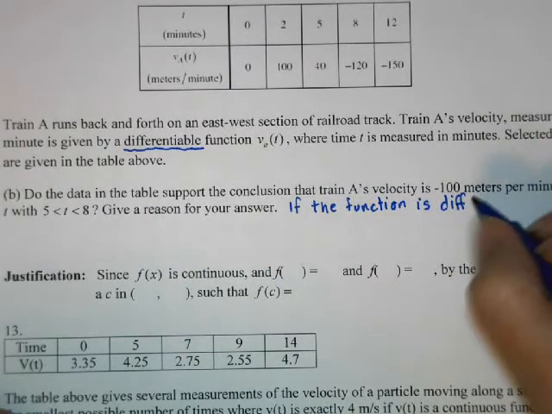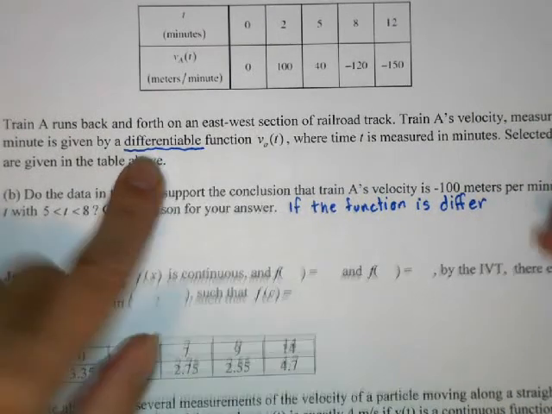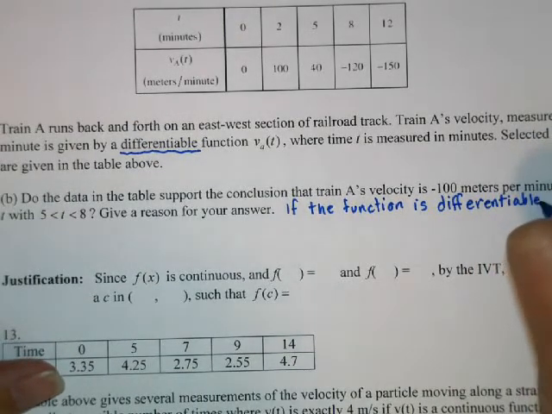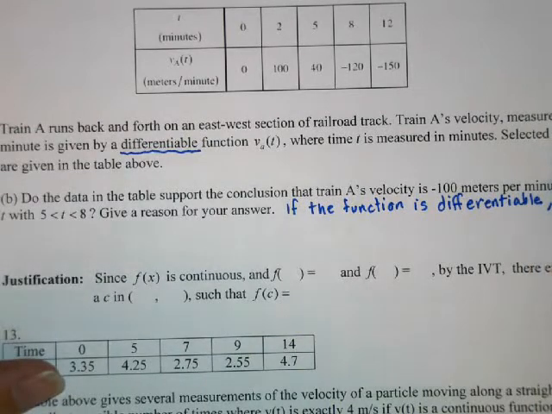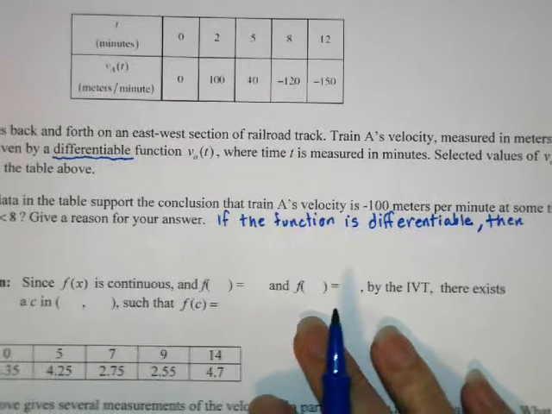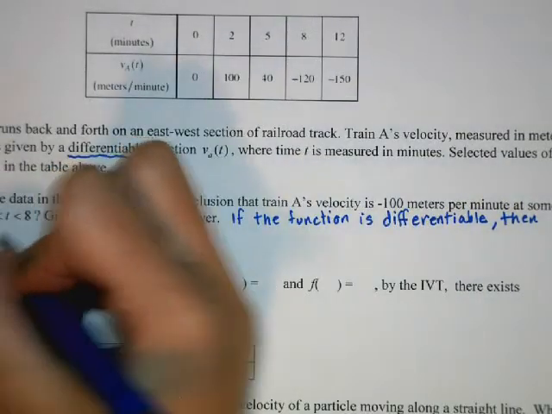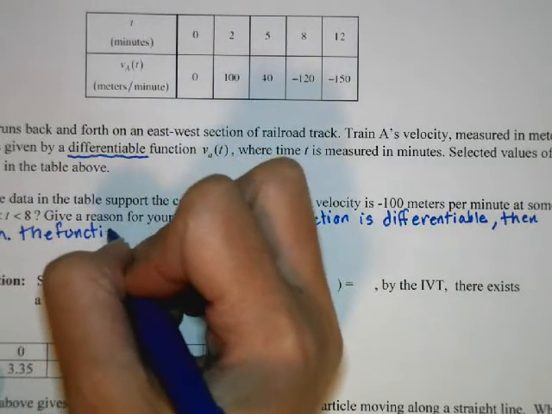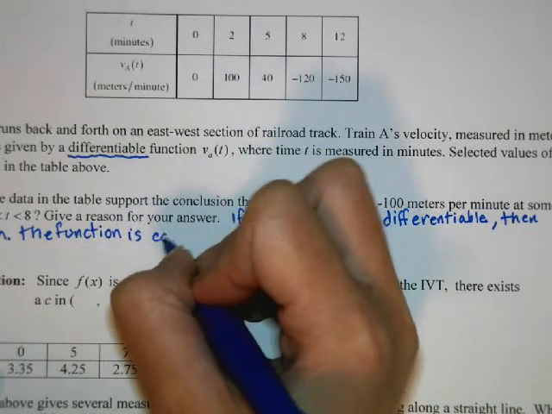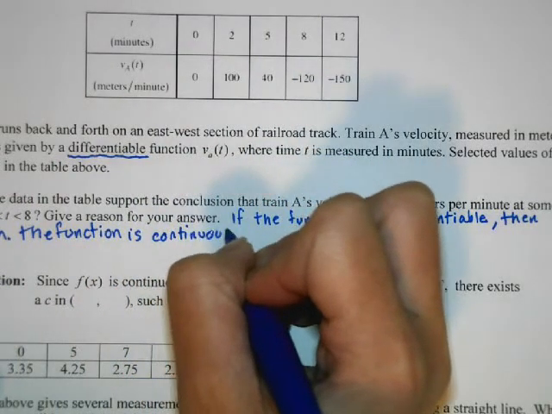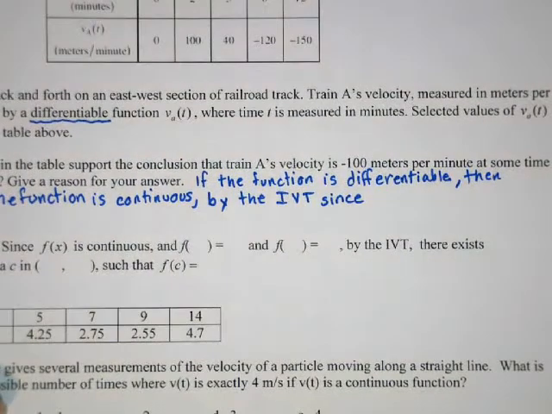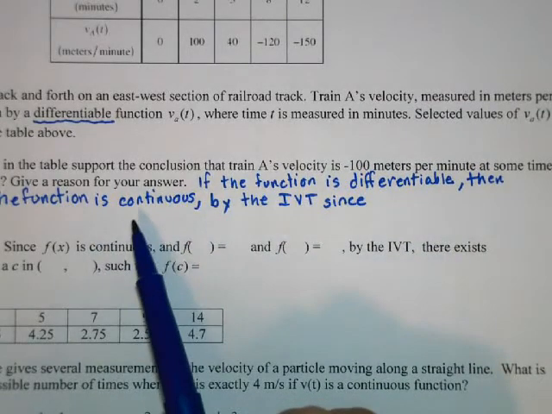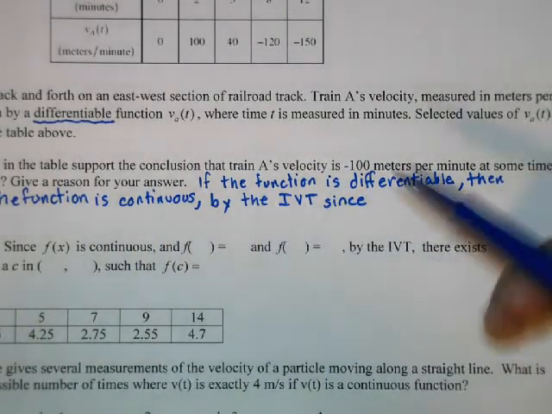So it doesn't say it's continuous, but it sort of does when it says it's differentiable. So if the function is differentiable, then the function is continuous, so the intermediate value theorem applies.